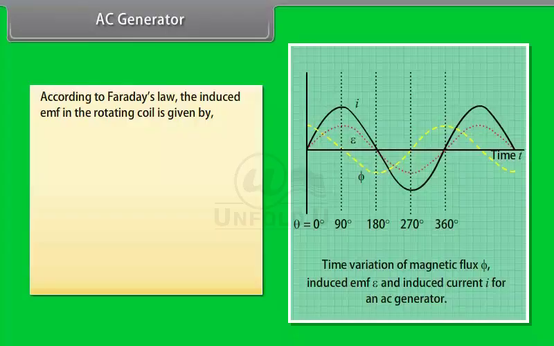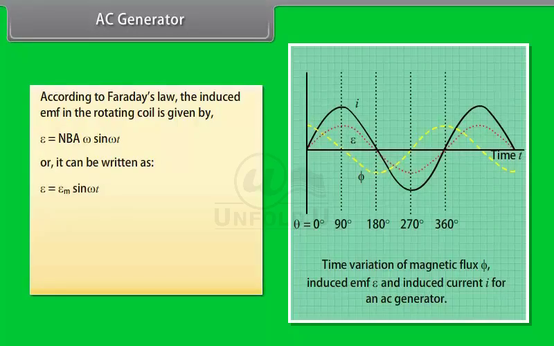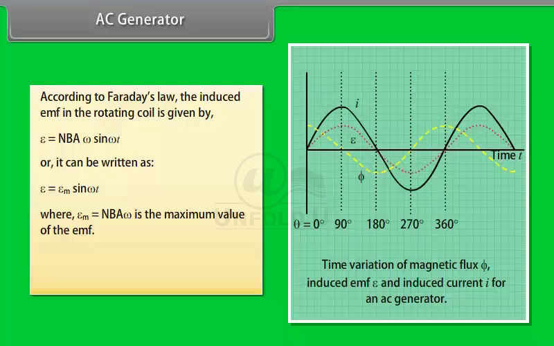According to Faraday's law, the induced EMF in the rotating coil is given by NBA omega sin omega t, or it can be written as E equal to EM sin omega t, where EM equal to NBA omega is the maximum value of the EMF. The induced EMF varies sinusoidally with time.